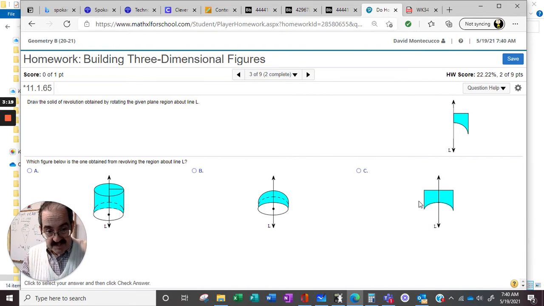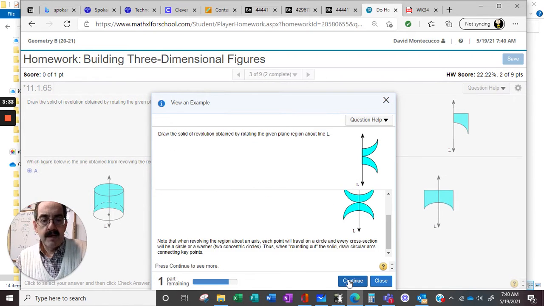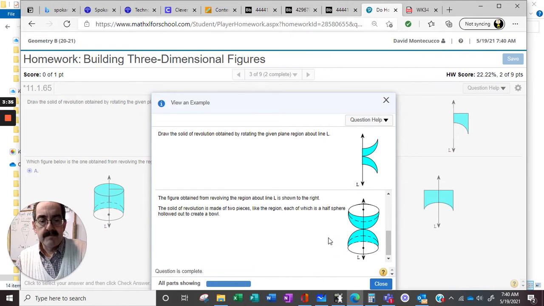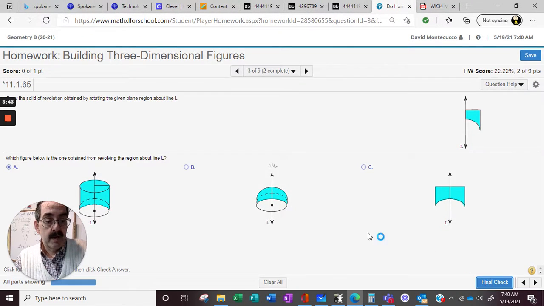We don't see the circular part like on C. So I think it has to be A. And if ever you need help, view an example, because I love how they can create items. It's so hard for me to draw those three-dimensional shapes, so feel free to always click on the question help.